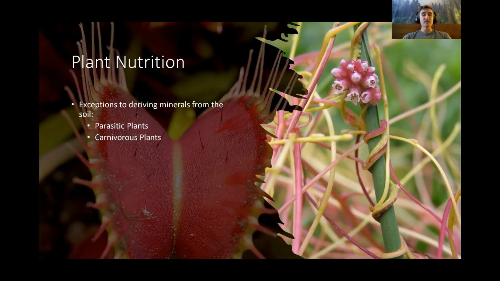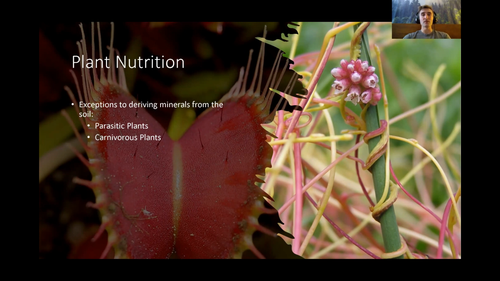There are some exceptions to plants deriving minerals from the soil. One example is parasitic plants. These are plants that hook on to other plants, break into their cells, and steal minerals as well as sugars from a host plant.